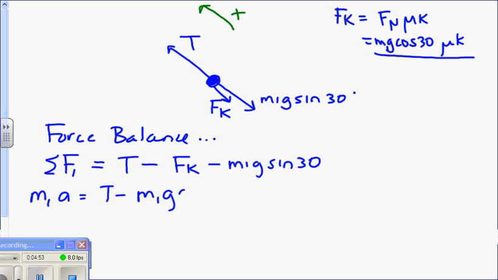Fk, that's that big Fk that I wrote up at the top, minus m1g.